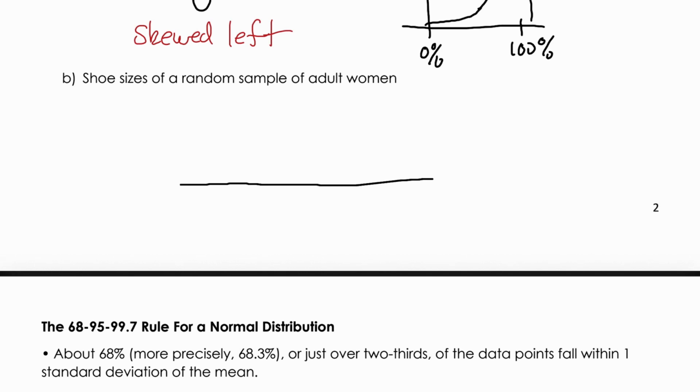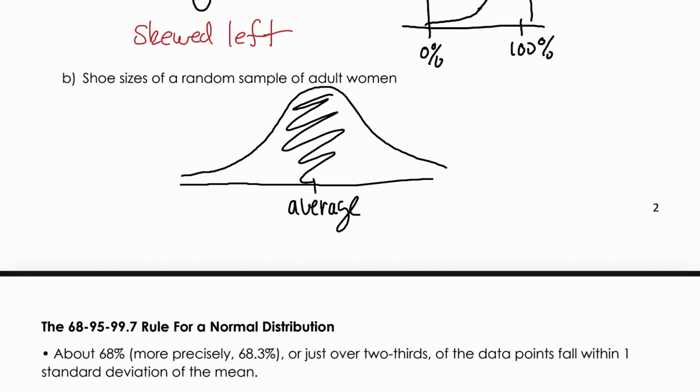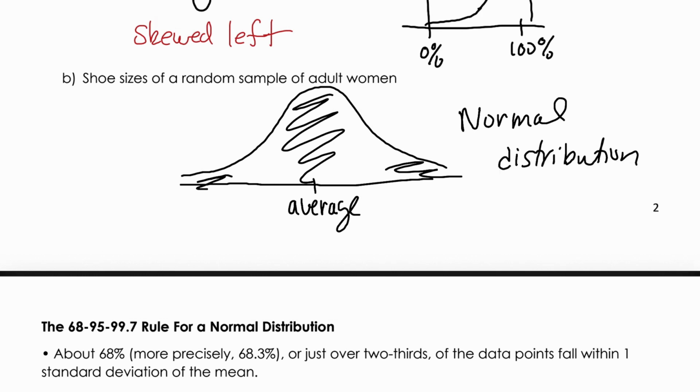And then you're going to have some extreme values that are high and some extreme values that are low. So you'll have your average in the middle where most of the data falls, and then some extreme values on either end. So this I would definitely call a normal distribution, or close to a normal distribution. It's never going to be perfectly symmetric.